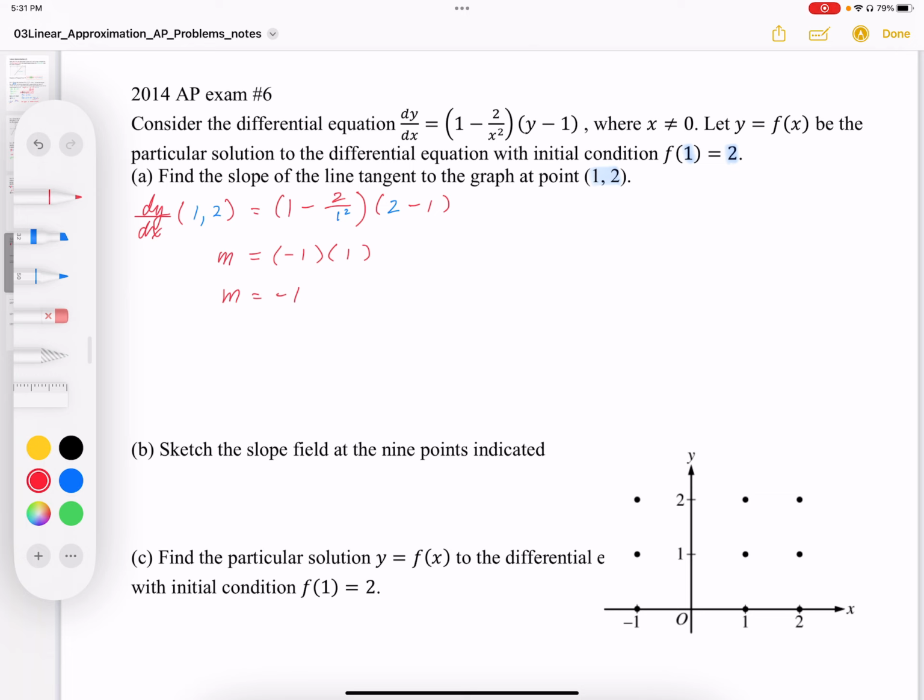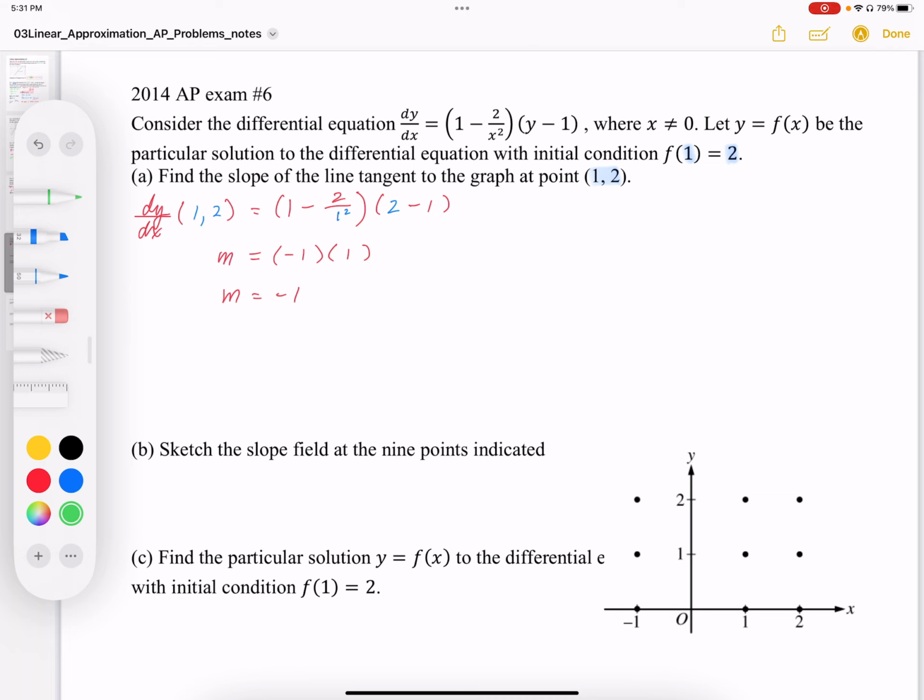Part B says, sketch the slope field at the 9 points indicated. We're going to do that by plugging x and y coordinates into our dy/dx equation. We're just going to estimate the slopes here, but I'm going to start with y equals 1.